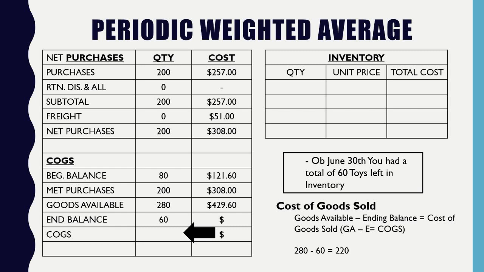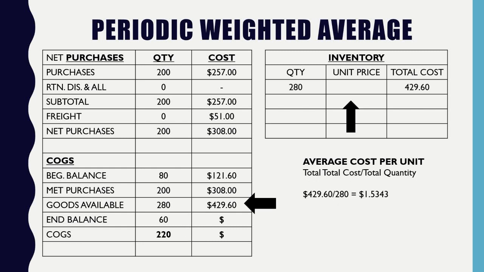Now we're going to take that new number under goods available and use that to calculate the average cost per item. So we're going to take our $429.60 and divide that by our 280. Now we're going to get this big number.